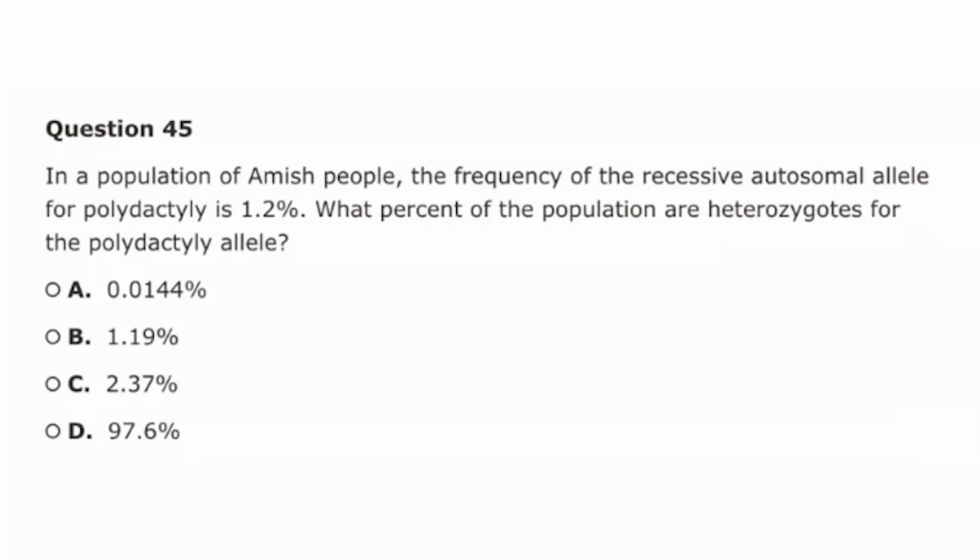Right off the bat, are you tempted to eliminate any as implausible? 97.6. Yeah, me too. Answer choice D. Answer choice A is 0.0144%. Answer choice B is 1.19%. Answer choice C is 2.37. So answer choices A and D are both kind of extreme, high and low.